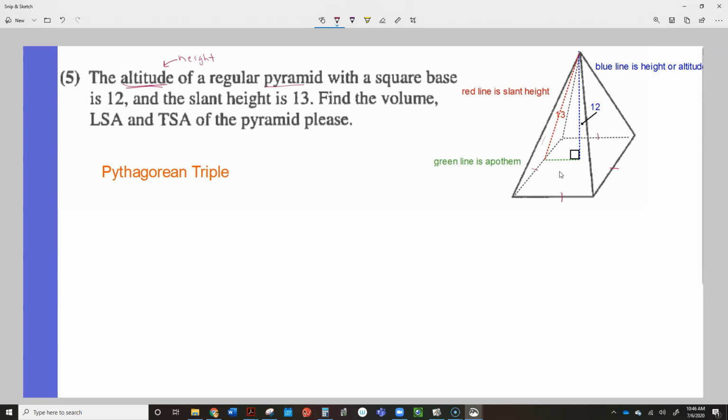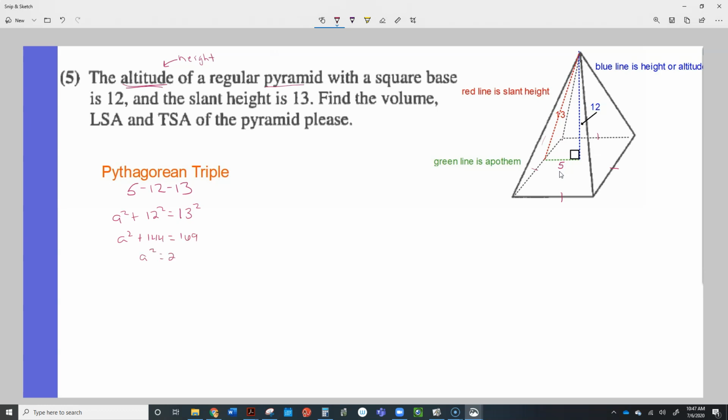I noticed that the 2 measurements that are 12 and 13 ring of a 5, 12, 13 Pythagorean triple. My knowledge of my Pythagorean triples lets me know that that's 5. Of course, you could say that a squared plus b squared equals c squared, and that would be 144 equals 169.